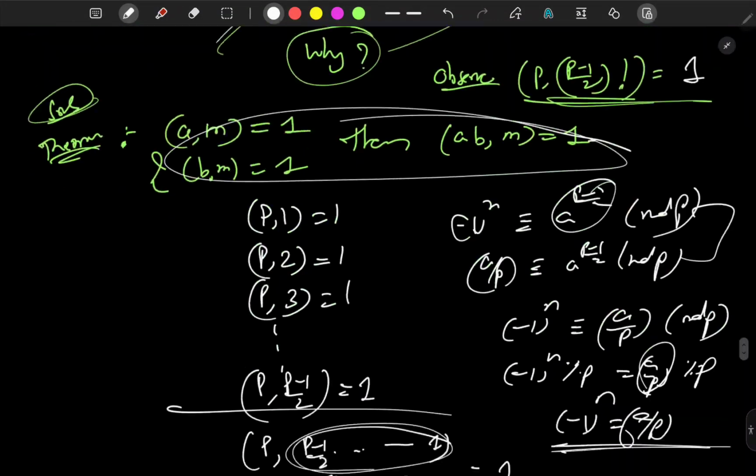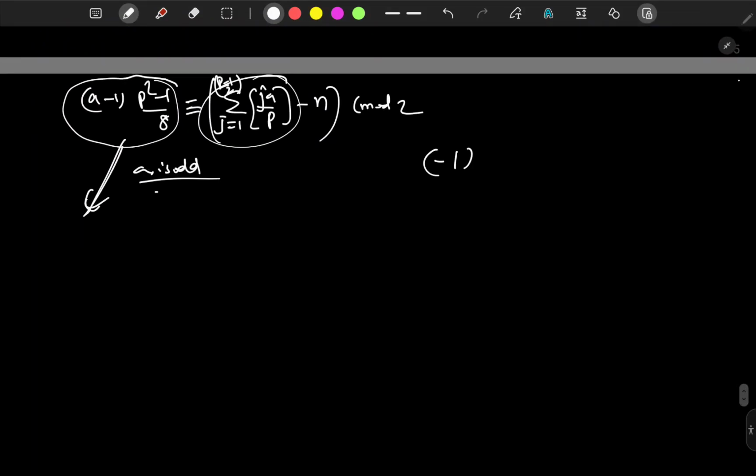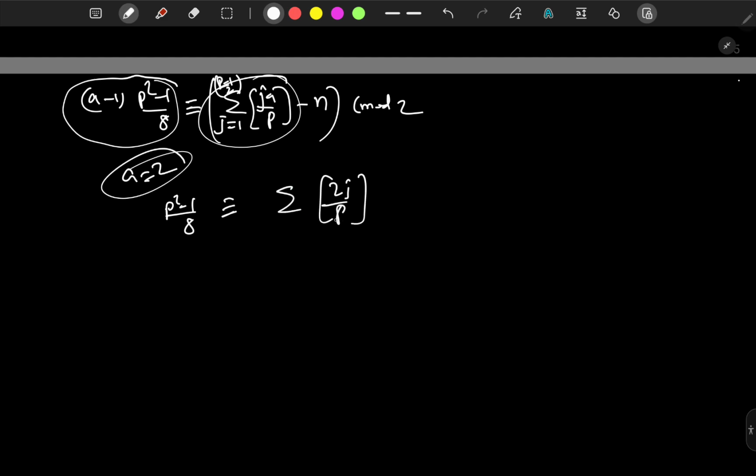Now take a equals 2. What will happen? Just substitute. (p² - 1)/8 is congruent to the sum over j from 1 to (p - 1)/2 of the floor of 2j/p, minus n, mod 2.